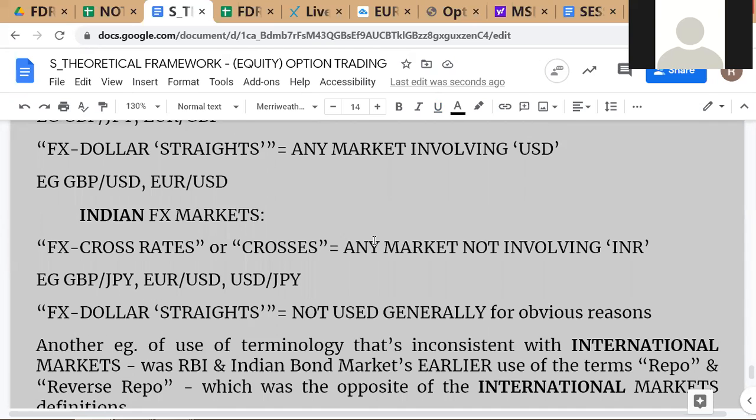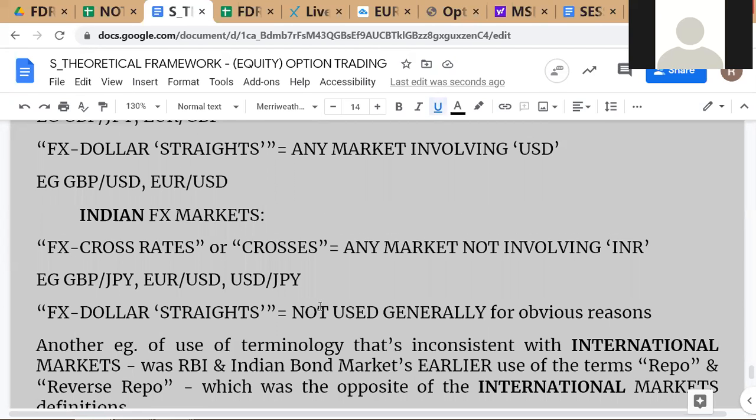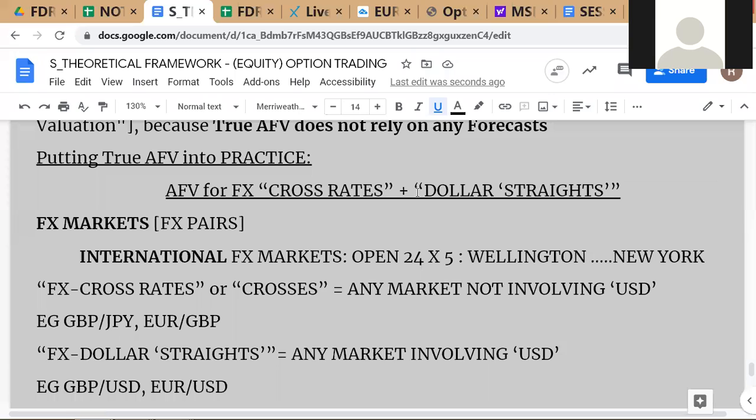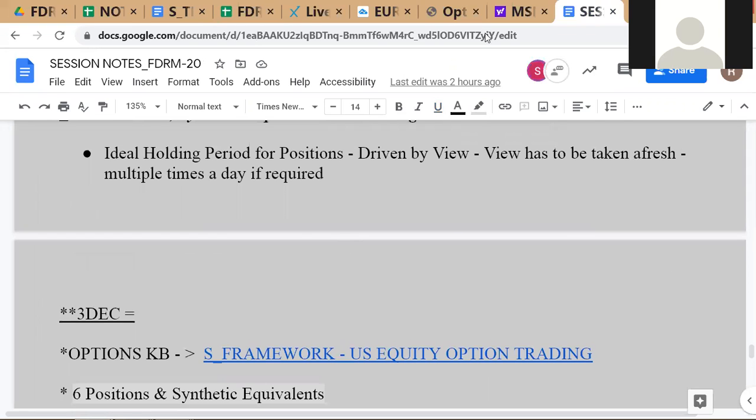So, a little bit of contextual background. Remember, while discussing Indian markets, I'm repeating the advice, very important for your interviews. All the three textbooks that you will receive will have Indian portions. This advice is there in your session notes somewhere.